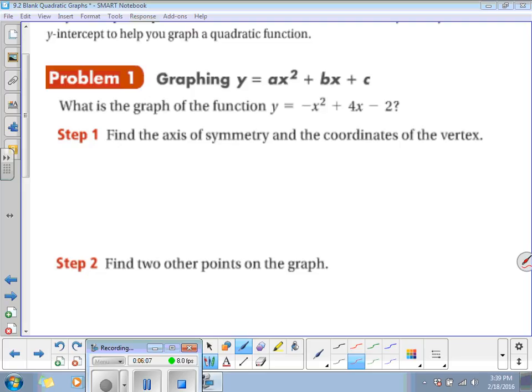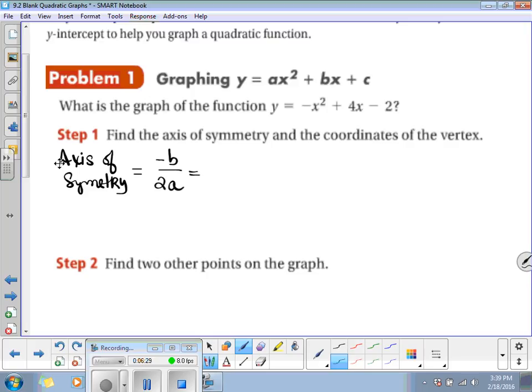Okay? So the axis of symmetry, we're going to use our formula. We're going to use the negative b over 2a. And we just get that information from our equation. So, the number in front of the first term and the number in front of the second term.